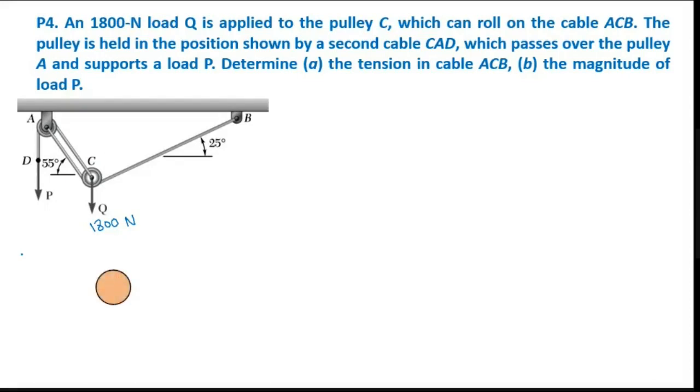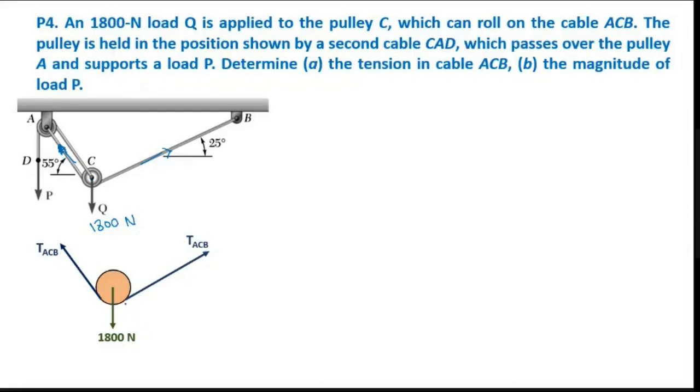Let me consider this. 1800 Newton acts downward. Your force is TACB. Why do I call it TACB? Because it is one single rope. That's why I call this TACB. The next one, you have another force on this side, which is also TACB. There are two forces here, that is why it is mentioned here.